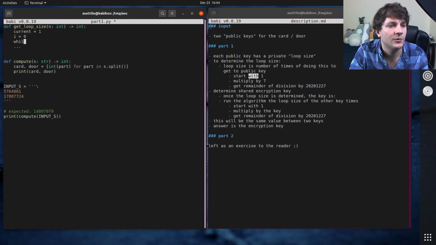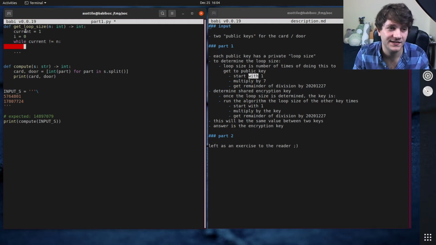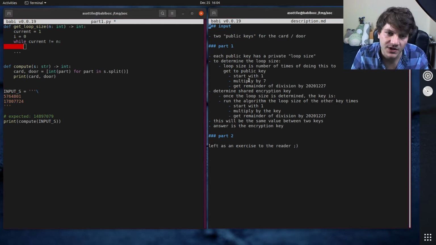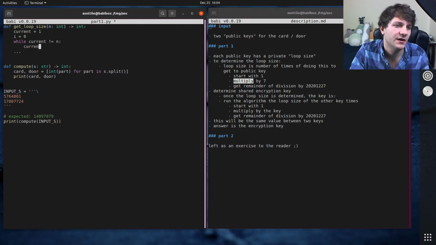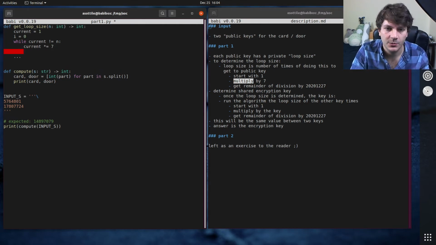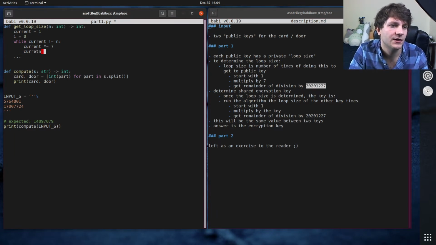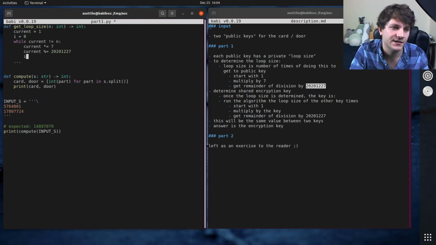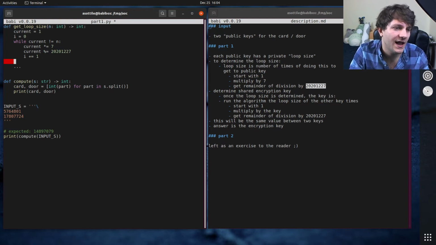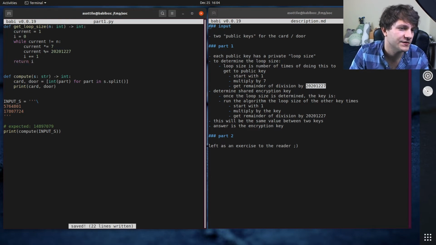Then while current does not equal n, we loop until current is equal to the number. We multiply by 7, so current times equals 7, and then take the remainder of the division, so current mod equals 20201227. Every loop we increment i, and finally we return i. That's our get_loop_size.